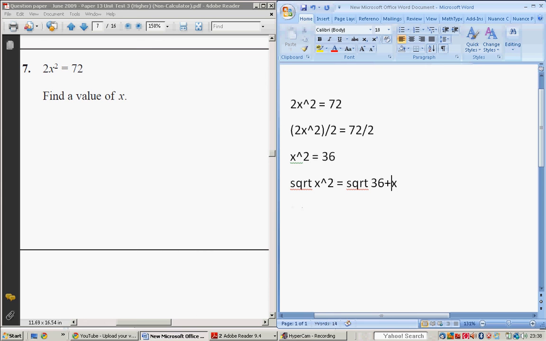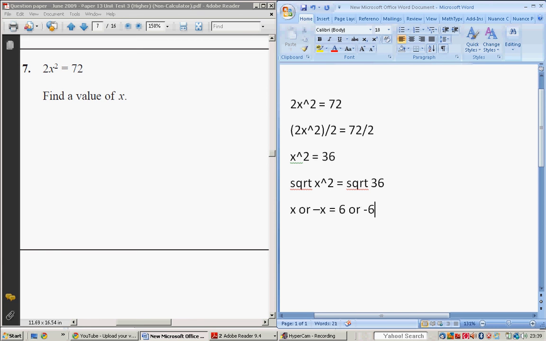Plus and minus x. Okay, plus x or minus x equals the square root of 36. Well, the square root of 36: we need to find one number that times itself gives us 36. Well, 6 times 6 equals 36, so the answer is 6, or minus 6, because minus 6 times minus 6 equals 36.